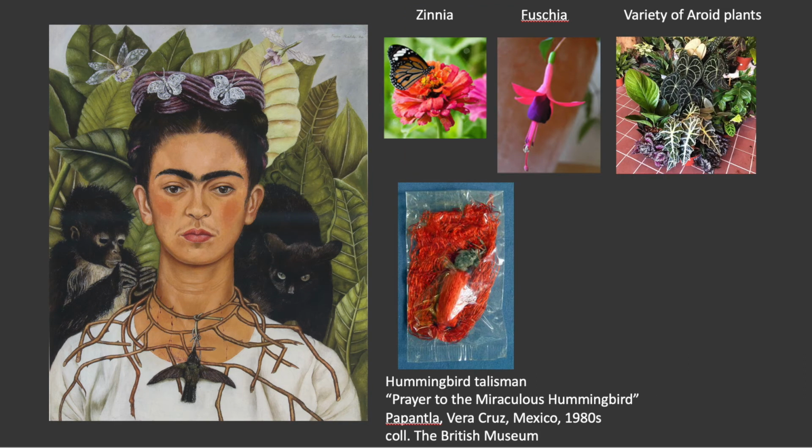So here I've illustrated a zinnia and a fuchsia, and we can see that she's working from her understanding of these types of flowers, but she has transformed them into what look like butterflies or perhaps dragonflies. And this sense of hybridity and dualism is very fundamental to Mexican identity.